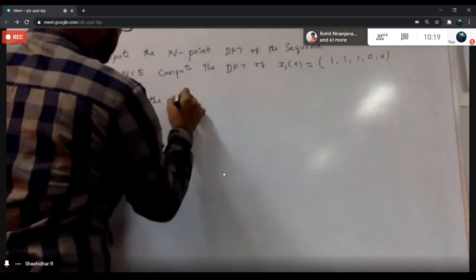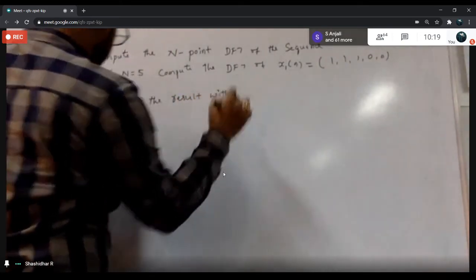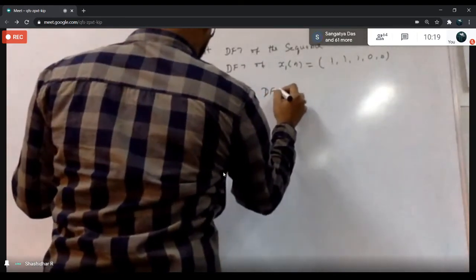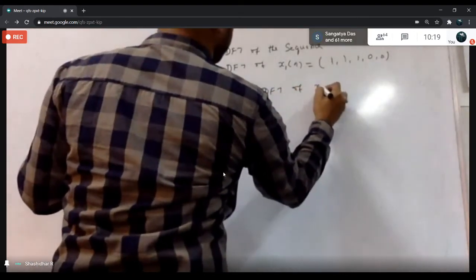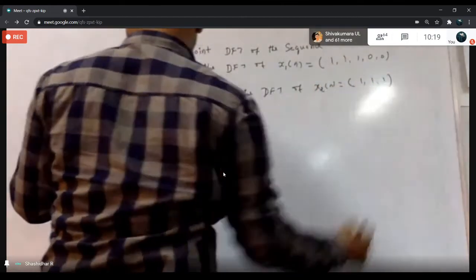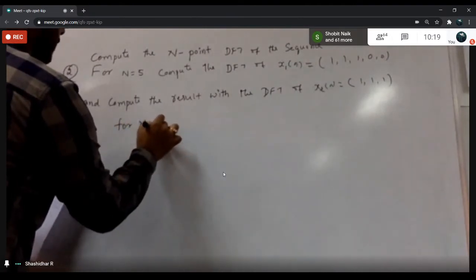Compute the result with the DFT of x2 of n. x2 of n is equal to 1, 1, 1 for n is equal to 3.